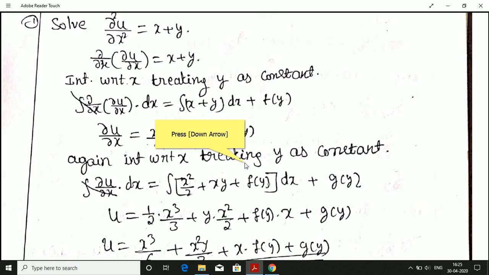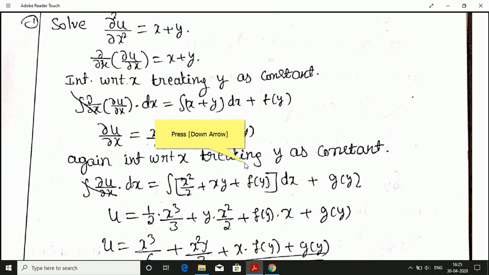Okay. Now, once again we need to remove del by del x. For that, integrate that with respect to x, treating y as constant. Integral of del u by del x into dx is equal to integral of x square by 2 plus xy plus f of y into dx plus g of y is the constant of integration.